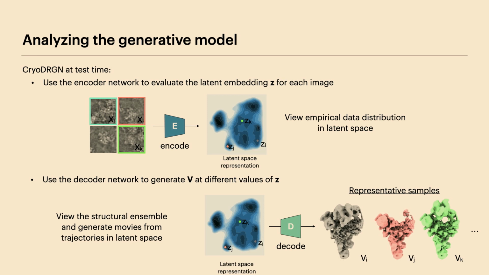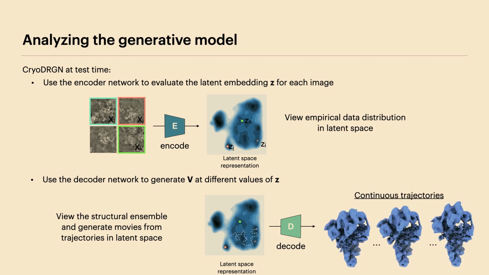So we can view representative samples from these different locations in latent space. We have this continuous model, so given two endpoints of interest, we can do an interpolation in latent space, generate the associated volumes corresponding to each of those locations, and view this continuous trajectory of volumes.